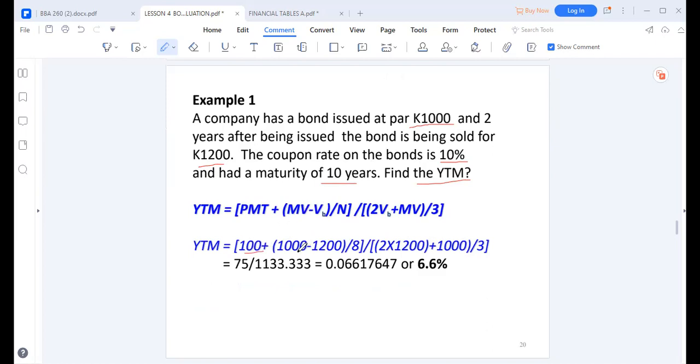Then the maturity value, 1,000 minus 1,200. The 8 is coming because the 10-year bond was issued after 2 years. And then 2 times the value of the bond plus 1,000 over 3. So we already calculated this is 6.6%. So you discover that this happens to be the shortest and the easiest topic in your syllabus.